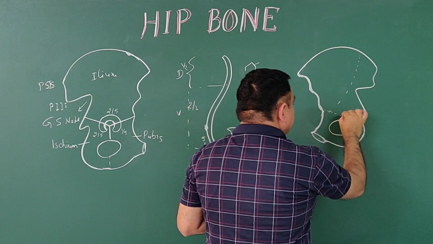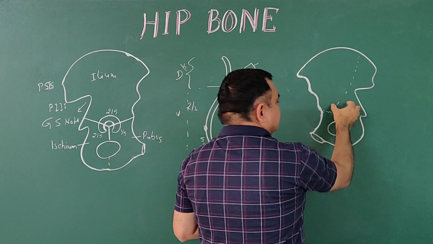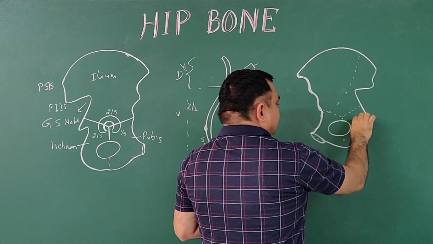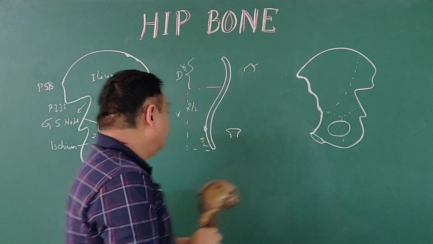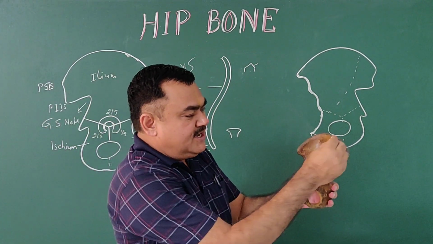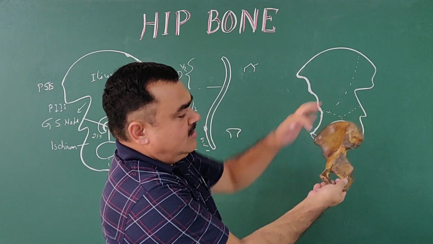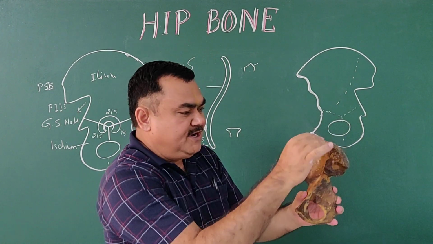Here this is the division: ilium, ischium, pubis. So anterior border, posterior border. Now another border is the medial border.